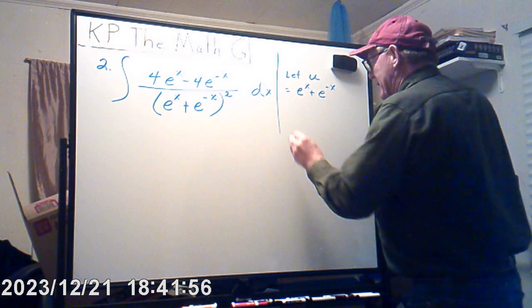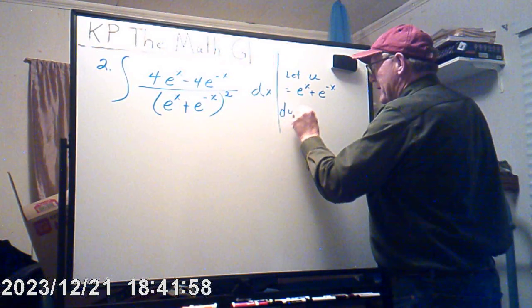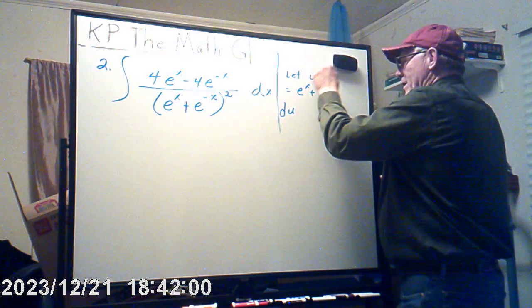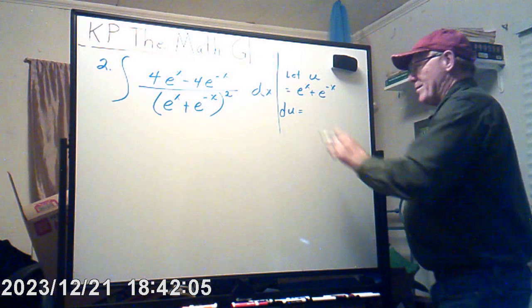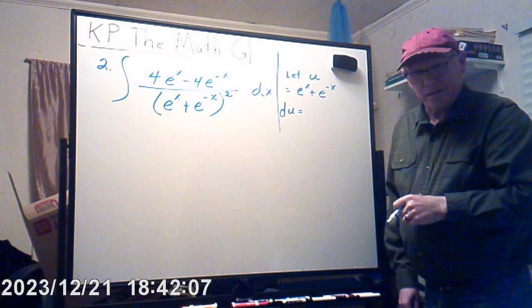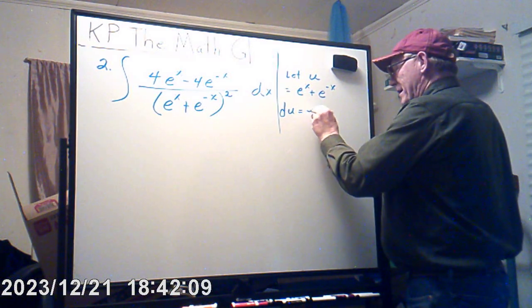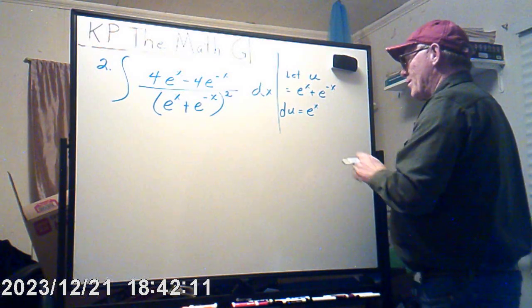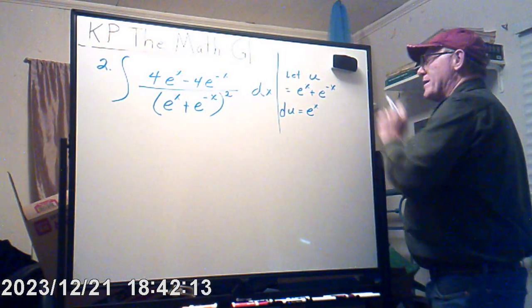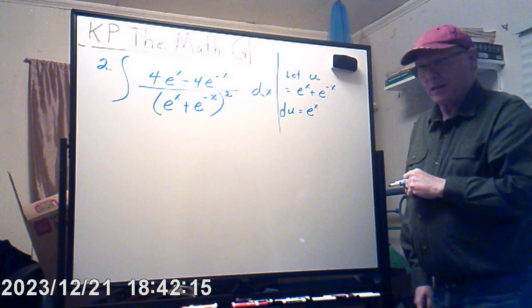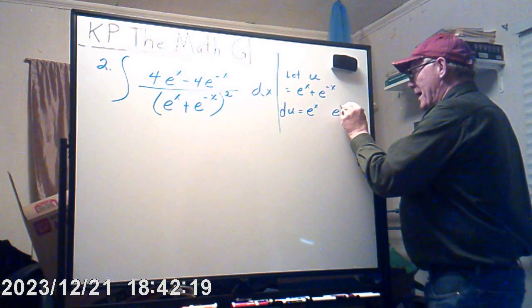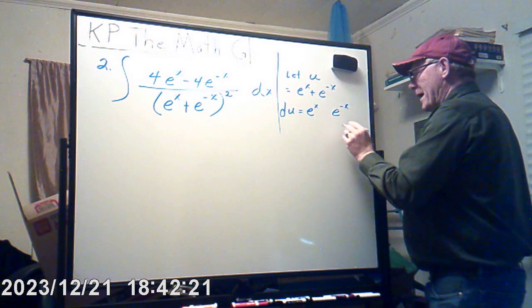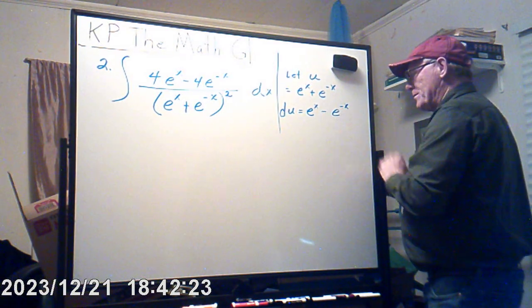Now let's look at du, the derivative of u. What's the derivative of e to the x? It's e to the x, isn't it? What's the derivative of e to the negative x? It is e to the negative x times negative 1.